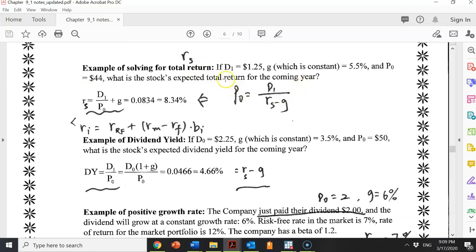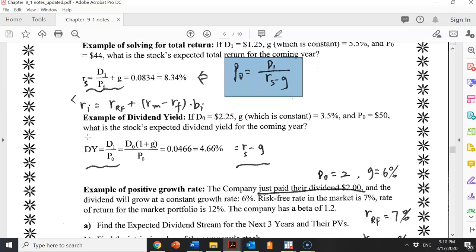From the original model, P0 equals D1 over RS minus G. We can put RS on the left-hand side, so RS minus G becomes D1 over P0, and RS becomes D1 over P0 plus G. Then you can plug in D1, P0, G, the three numbers given here. So we have RS as 8.34%. And again, this R is the same as the RI in the CAPM model.